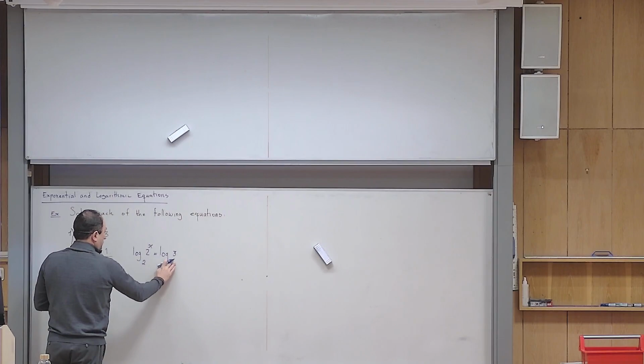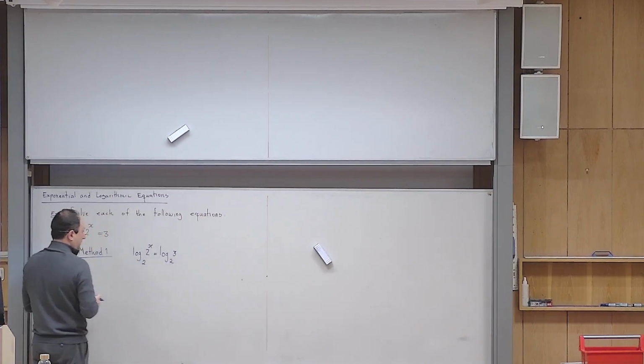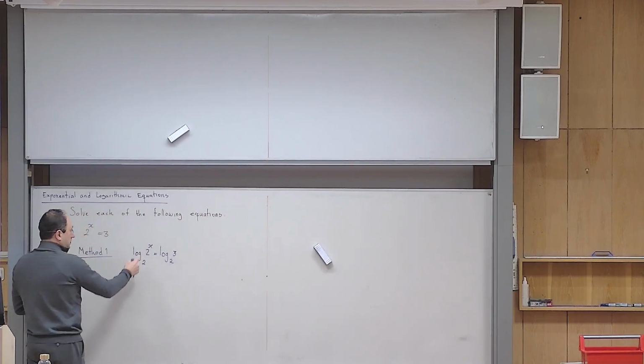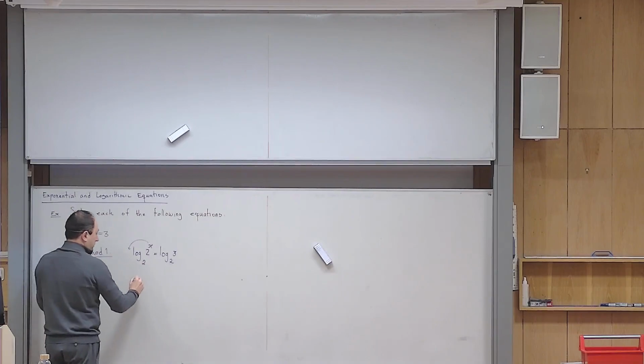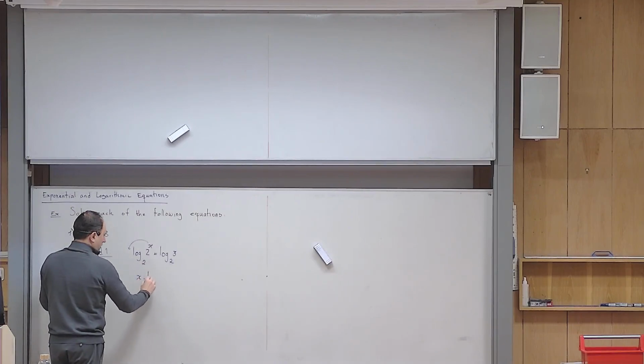The reason becomes clear right now. I can use the rules of logarithm. This power that appears here now goes to the front of the log, so it becomes x times log of 2 to the base 2.